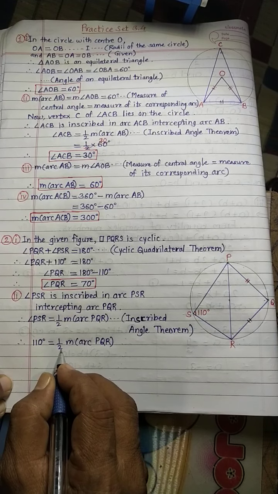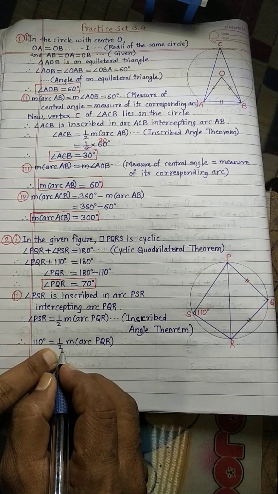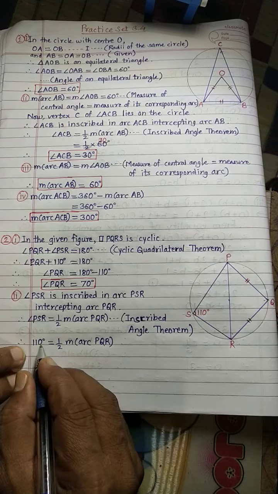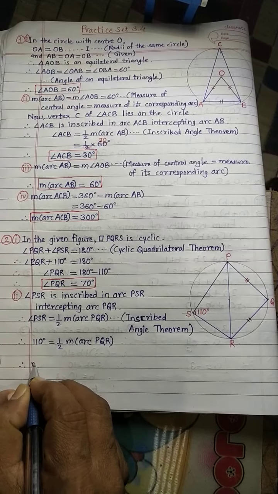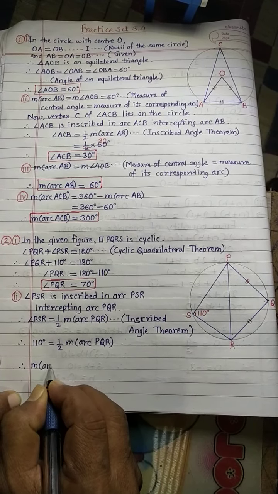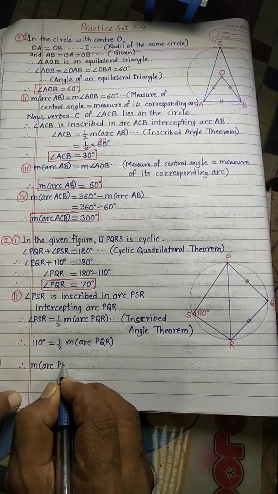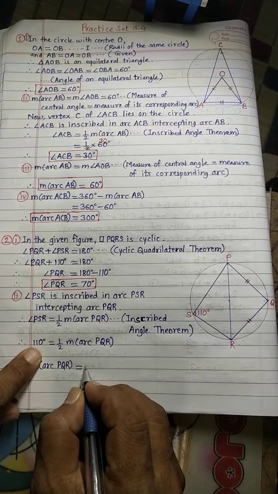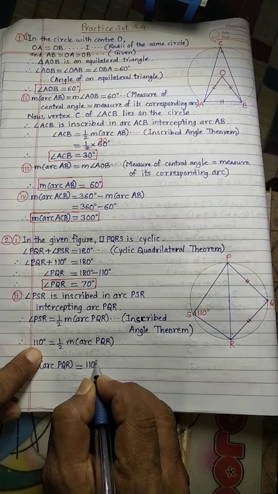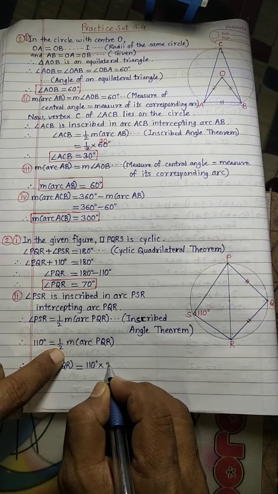So here 2 is divided, so multiplied: measure of arc PQR is equal to 110 degree multiplied by 2.